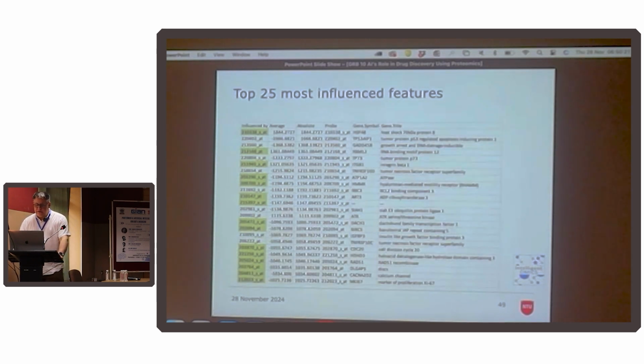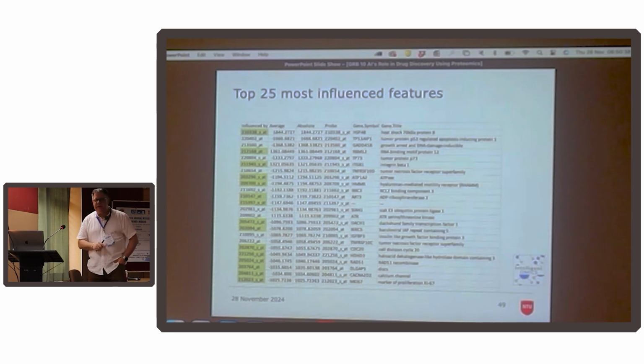If we look at the most influenced features, the names are correct here. So what's interesting here, if we look at the most influenced features, we have our number 2 feature, which is known, and that's a TP53 apoptosis inducing protein.